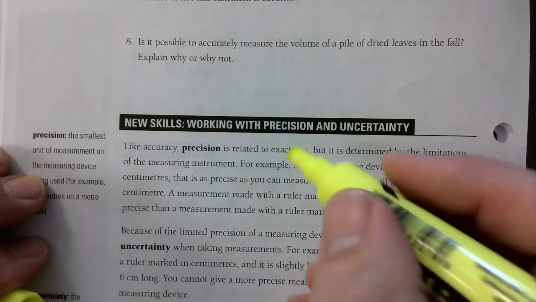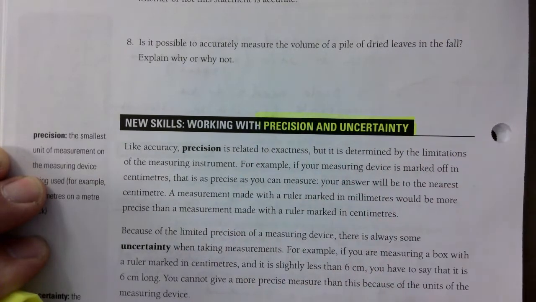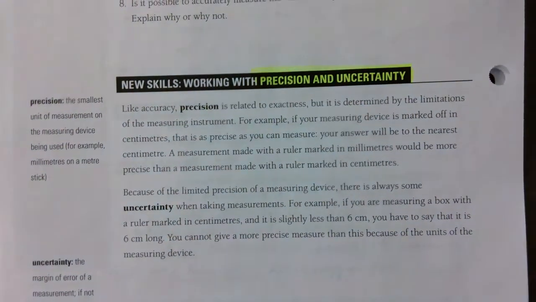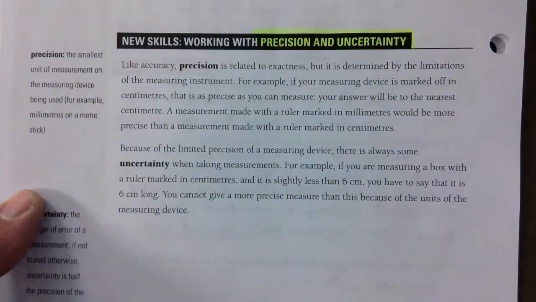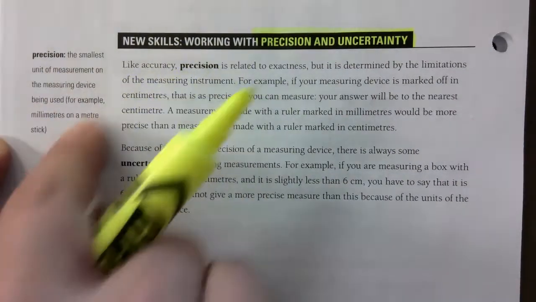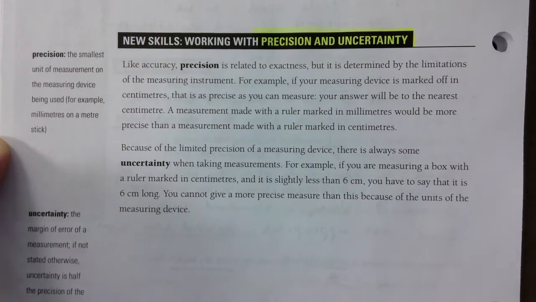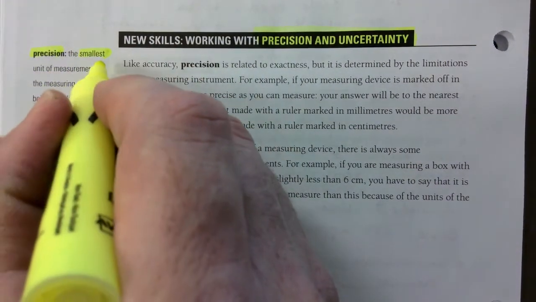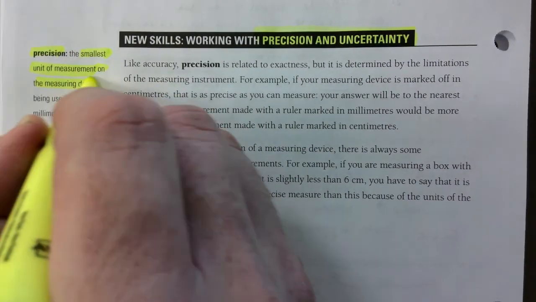So precision and uncertainty, right? Very important. And I will first focus on the small side notes here, right? Precision is the smallest unit of measurement on the measuring device.